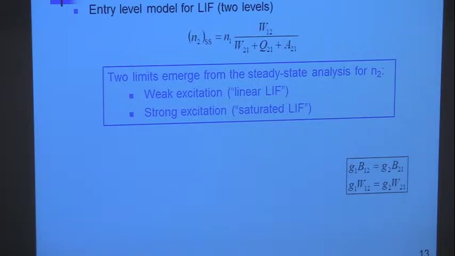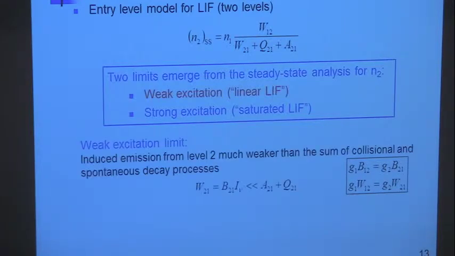And now we look at two limits. One's called the weak excitation rate, usually called linear. And then there's the strong excitation rate, that's called saturated. In the weak excitation limit, that means that this W21 can be neglected relative to the others. W21 is small.